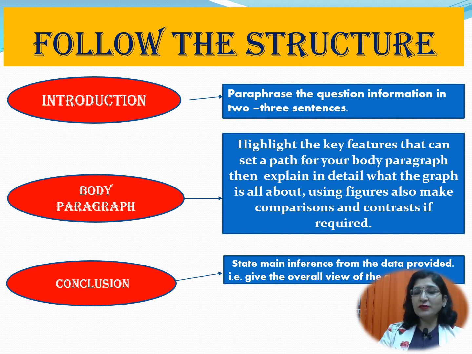So keep this structure as a help. You are not going to divide it into 3 paragraphs as an introduction, body paragraph and conclusion. But definitely the first few lines will be introducing your writing, then you will talk about it in detail, and then definitely the last two lines will be the concluding lines. So this is how, but it all has to be in a single paragraph.